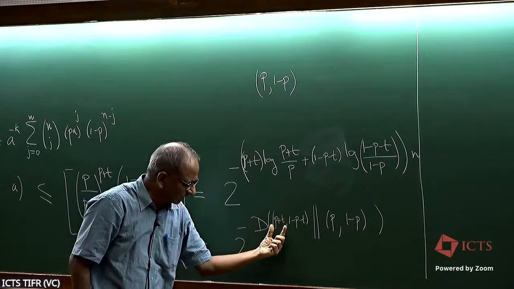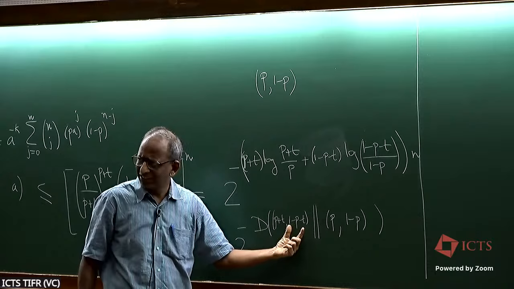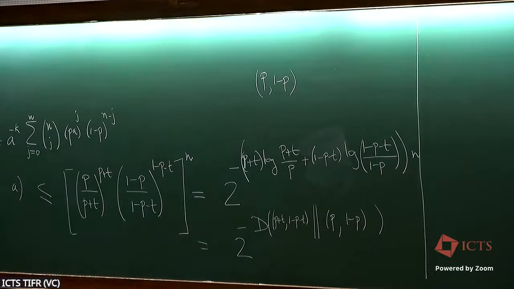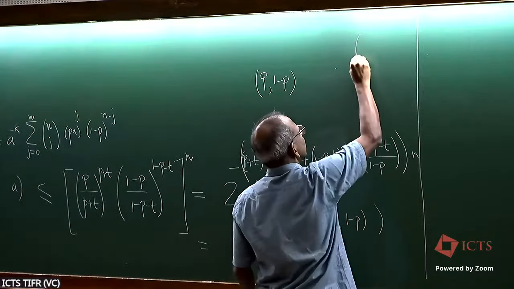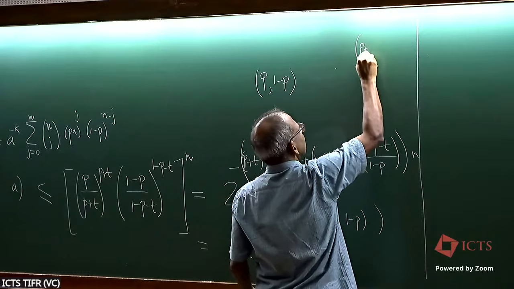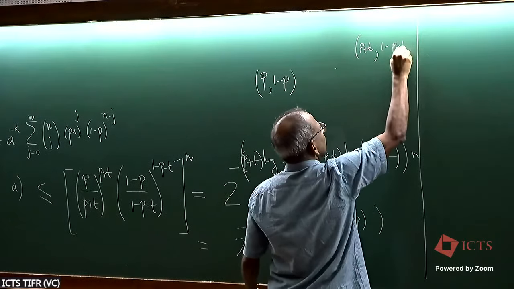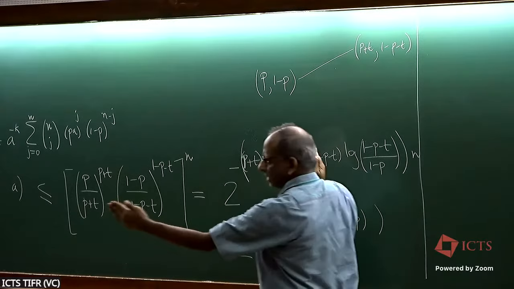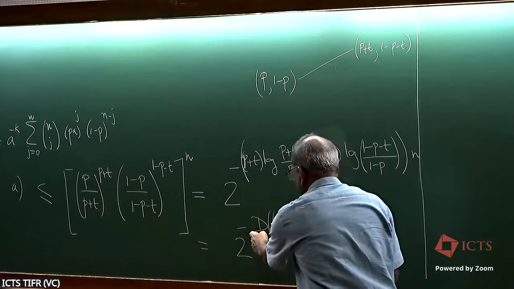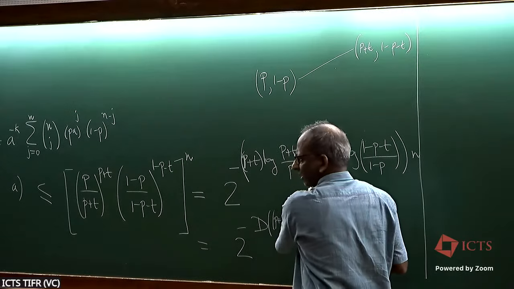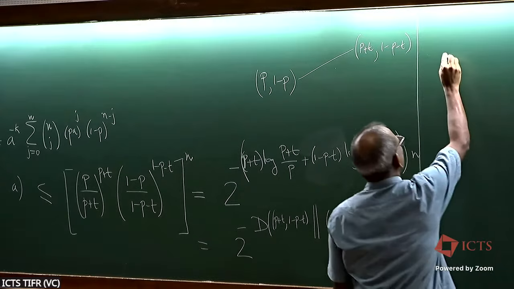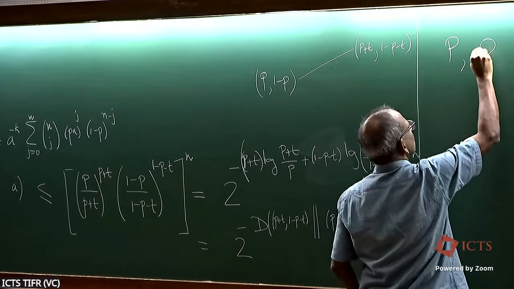And this is the distribution of a coin which appears to be this biased. So this is another distribution, p plus t, 1 minus p minus t. And they have a divergence, and that divergence is this. So the divergence between two distributions P and Q.